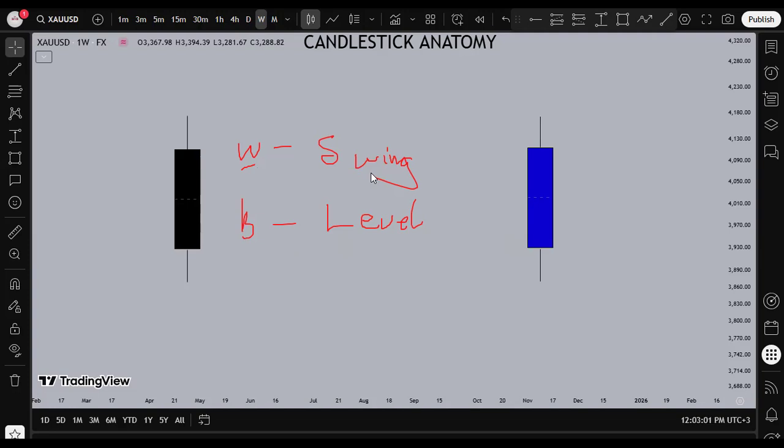Now let's see some examples to tell you how these candlesticks work.